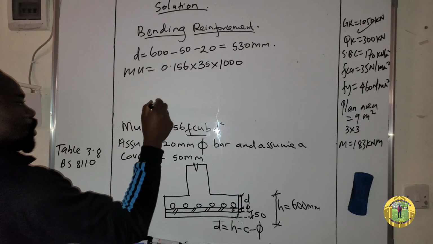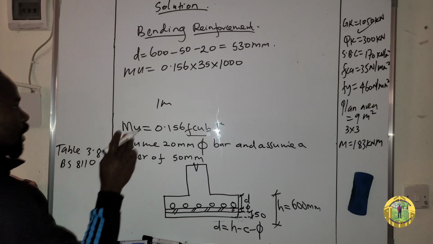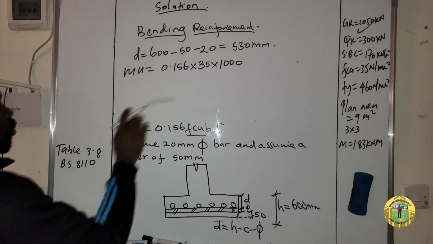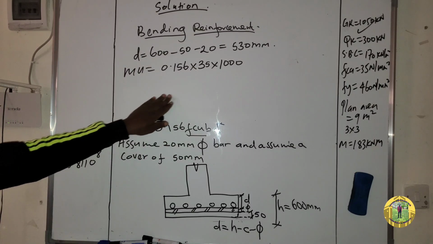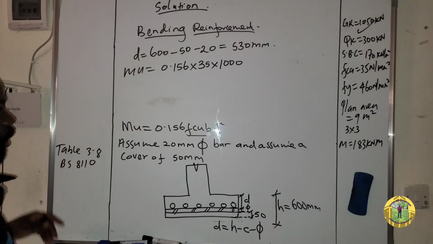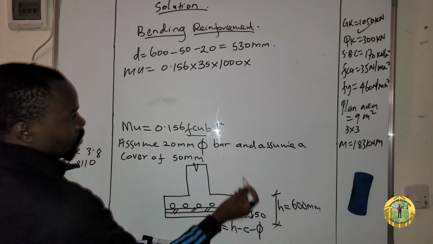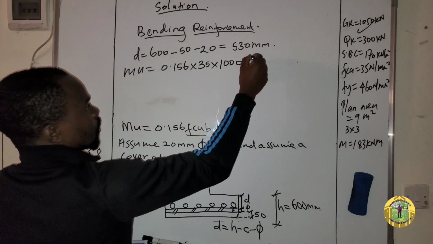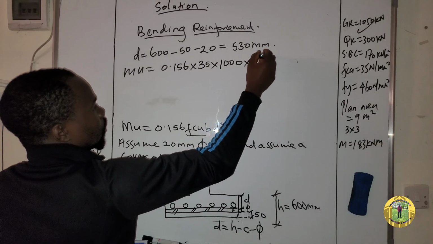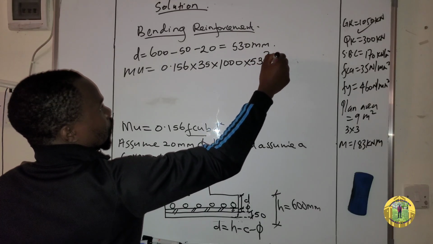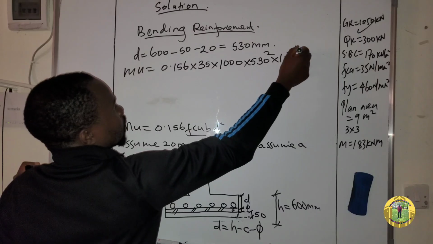B is 1 meter width of the slab. So you convert it to millimeter, so you will get 1,000. Now times D. Our D is now 530 squared. Then times 10 raised to power negative 6.